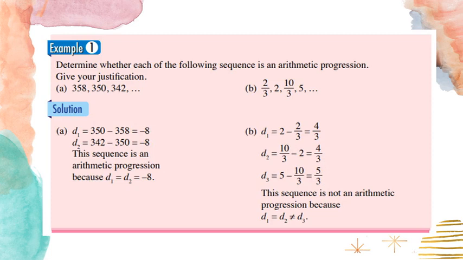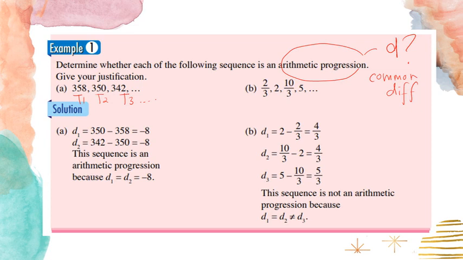Okay, example number 1. Determine whether each of the following sequences is an arithmetic progression or not. If you want to know whether this is an arithmetic progression, you have to check whether they have D or not. What is D? Common difference. Let's say for question A, this is the first term, this one is the second term, this one is the third term, and so on.